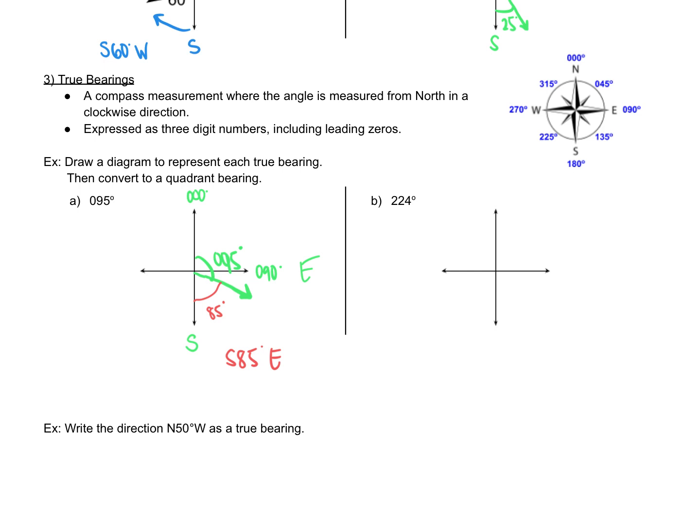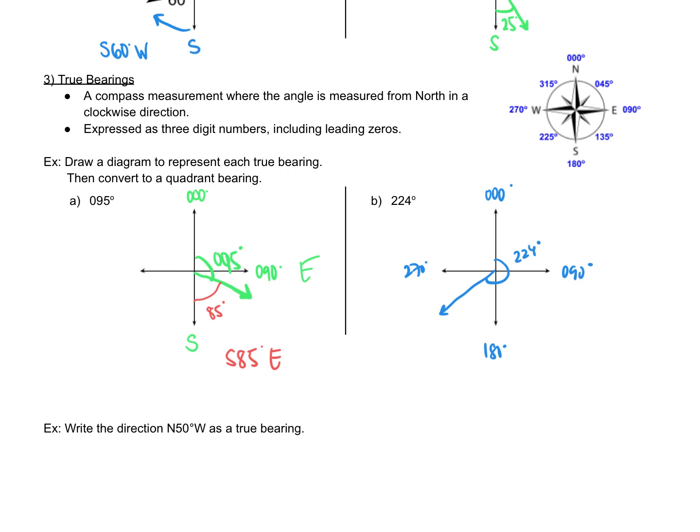Let's look at our next one. We have 224 degrees. Well, here's 0, past 90, past 180, west is 270, so we have to be somewhere in between. So maybe something like this. This is 224.